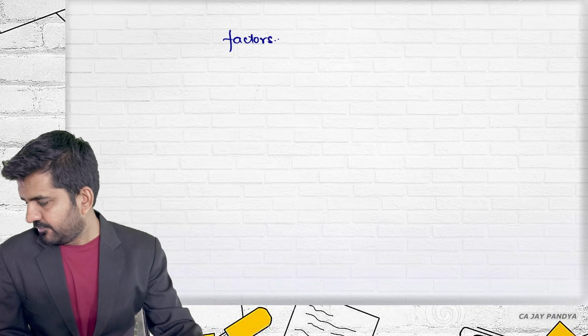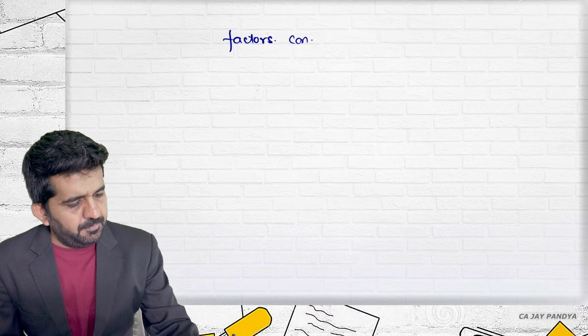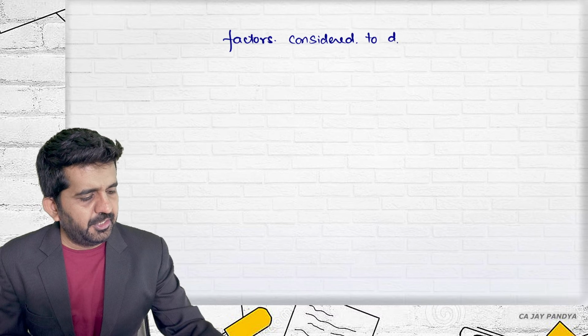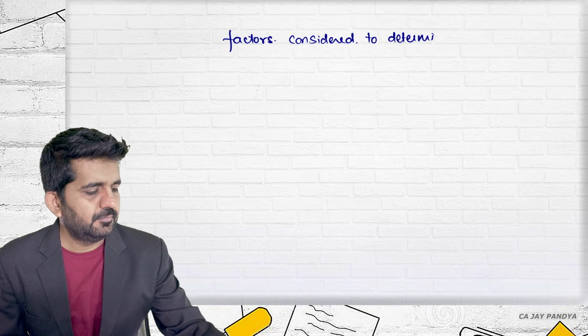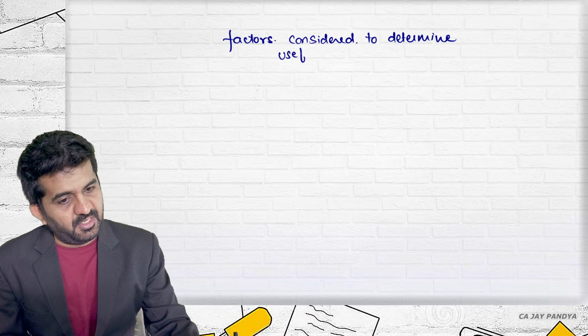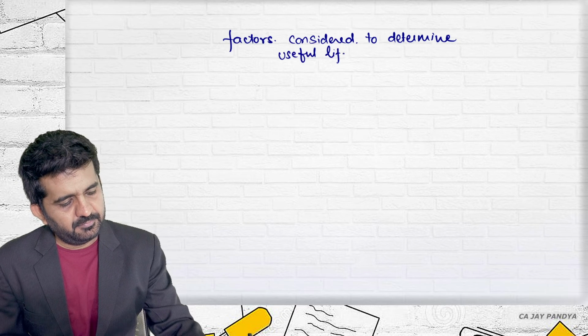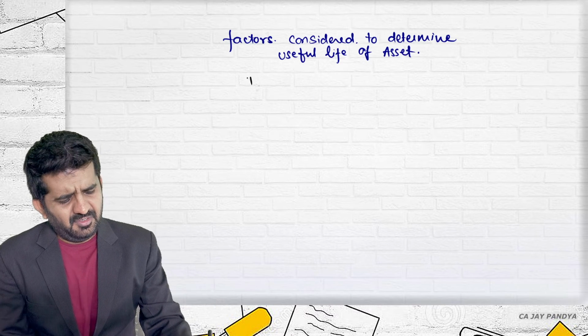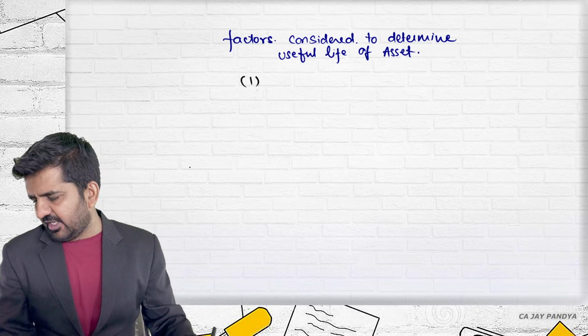Alright, last. What are the factors which should be considered to determine the useful life of an asset? We are just writing it down one by one. They are very easy.